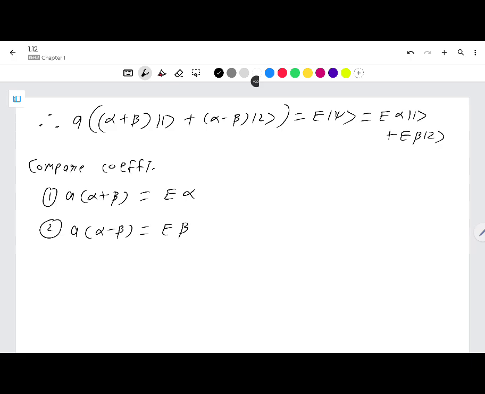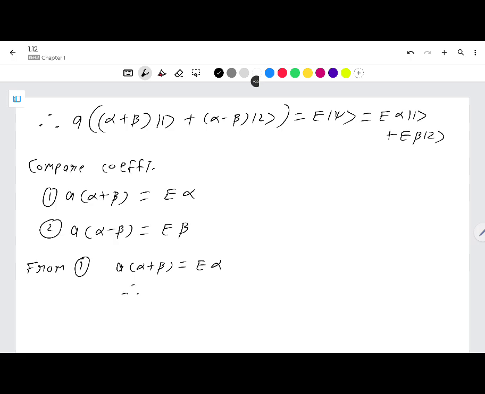So let's say we start with equation 1. What can we write? We have A(alpha plus beta) equals E alpha.